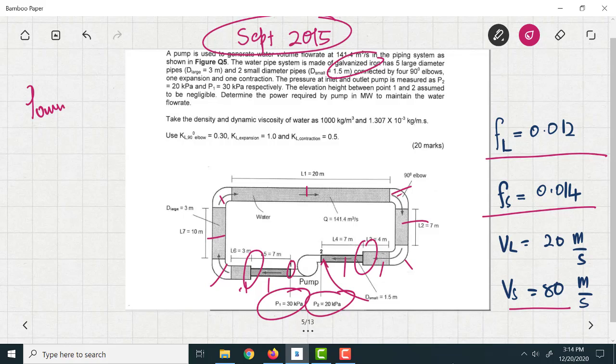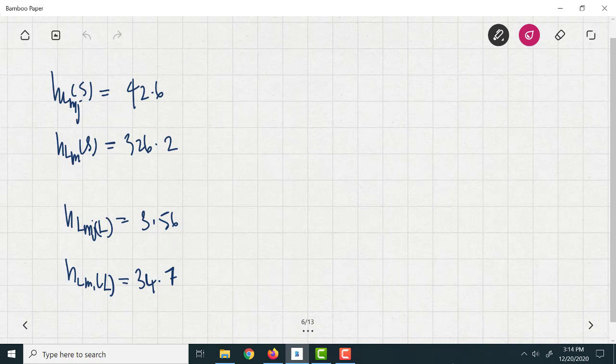Okay, so how to find the power of the pump? As I said before, early in this video, the power by the pump can be written as HP gamma Q. HP is the head pump.